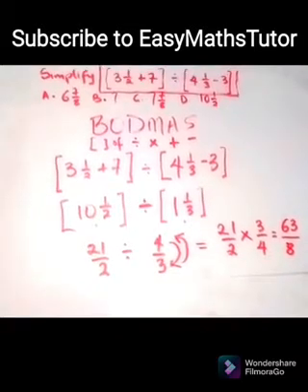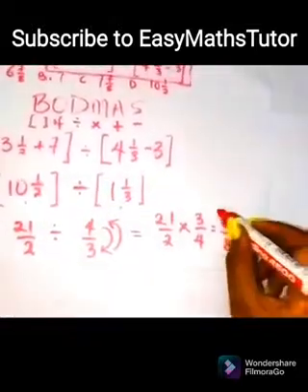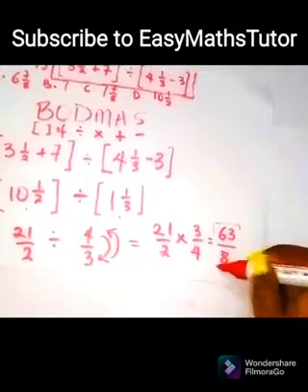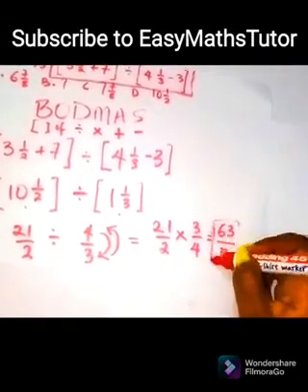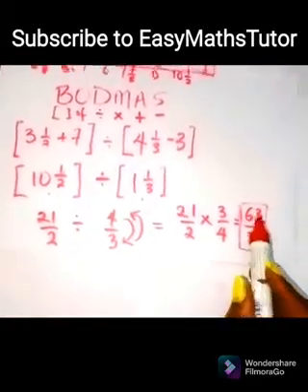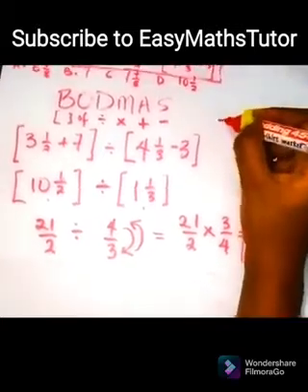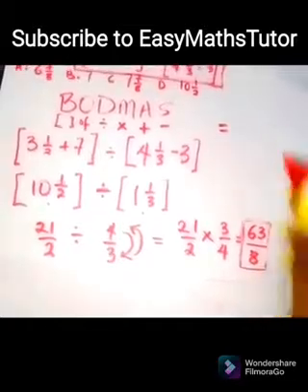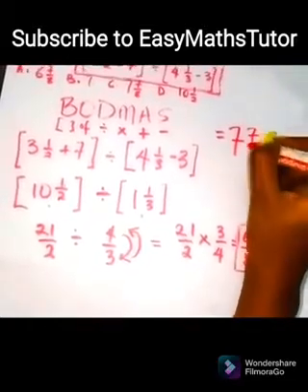So we'll have to convert this figure back to its mixed fraction. Remember, 8 times 8 gives us 64. So if we're converting this, 8 will go into 63 7 times, remainder 7 all over 8.